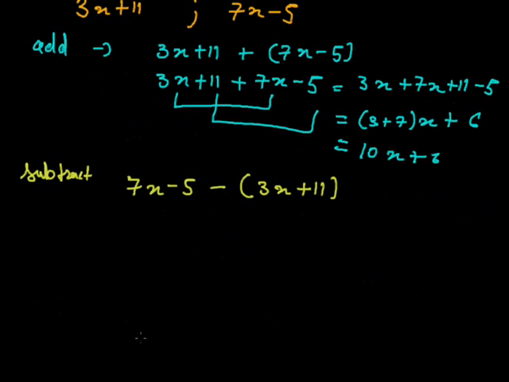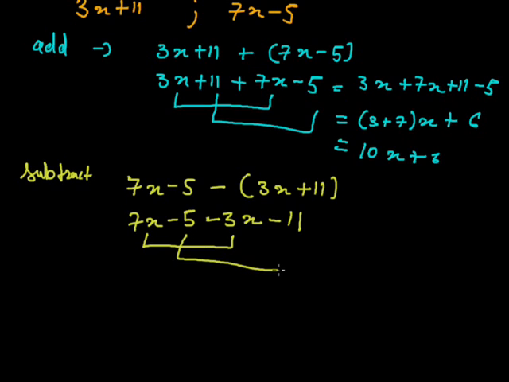Here we have to understand that when opening the bracket, since it has a minus sign in front of it, the sign of each term inside the bracket will change. First, 3x has a positive sign, therefore it will become negative when we open the bracket. Now 11 also has a plus sign, therefore its sign will also change and become minus 11.